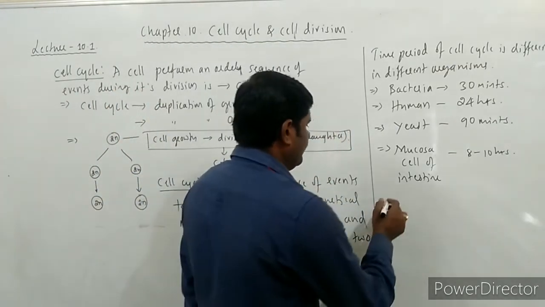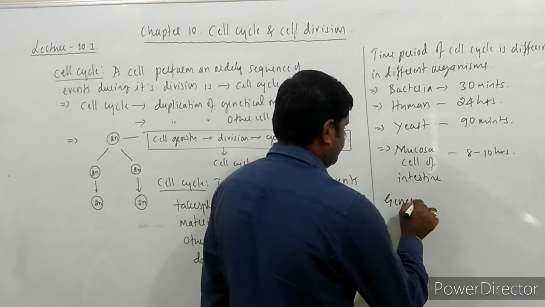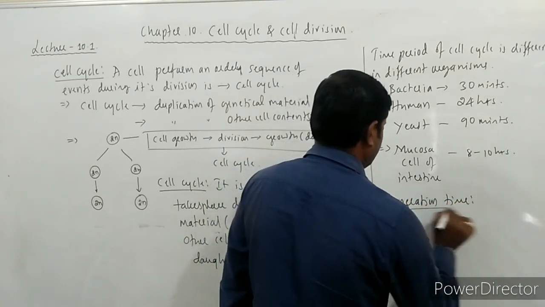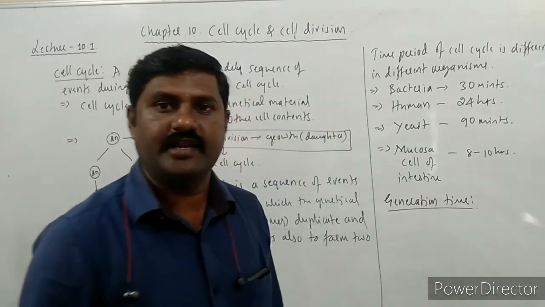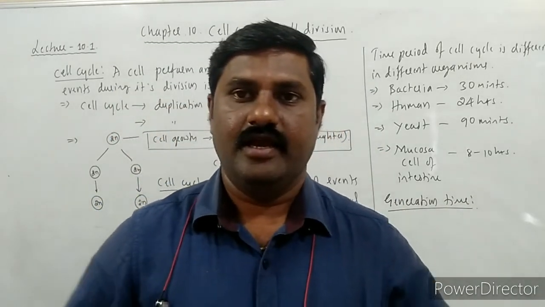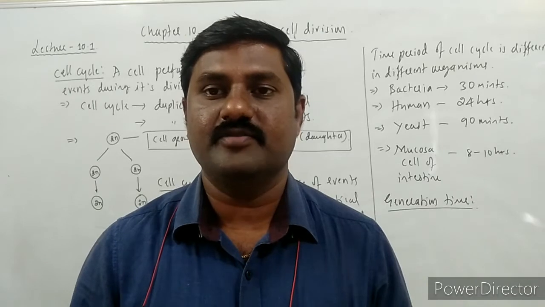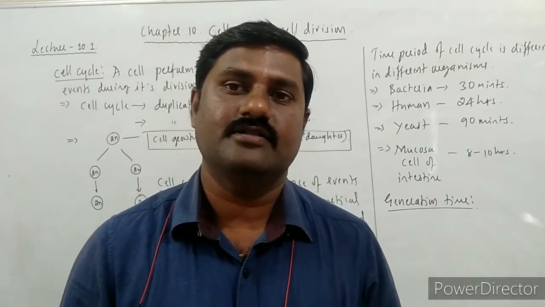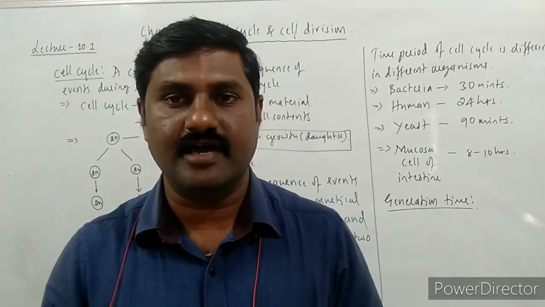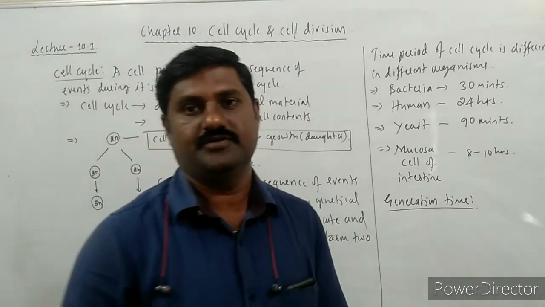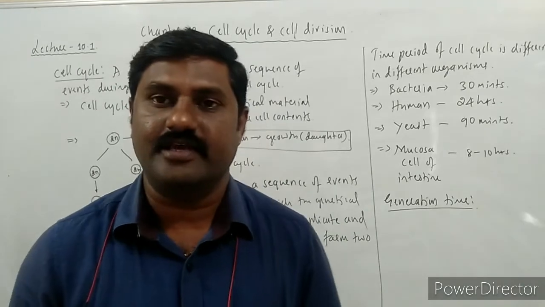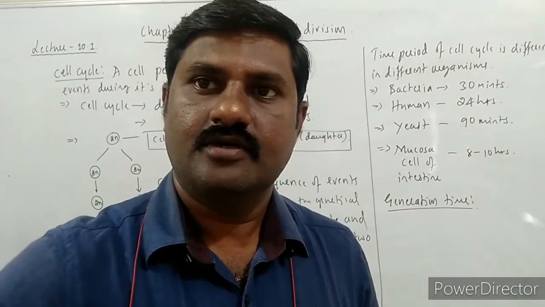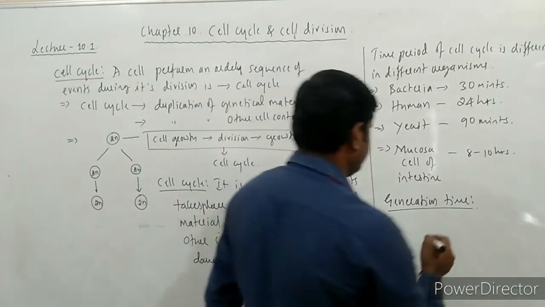And we come across even the generation time, right? What is generation time? It is the time period from the beginning of cell growth up to the cell division and once again the growth. So that period itself is said to be generation time. What is generation time?